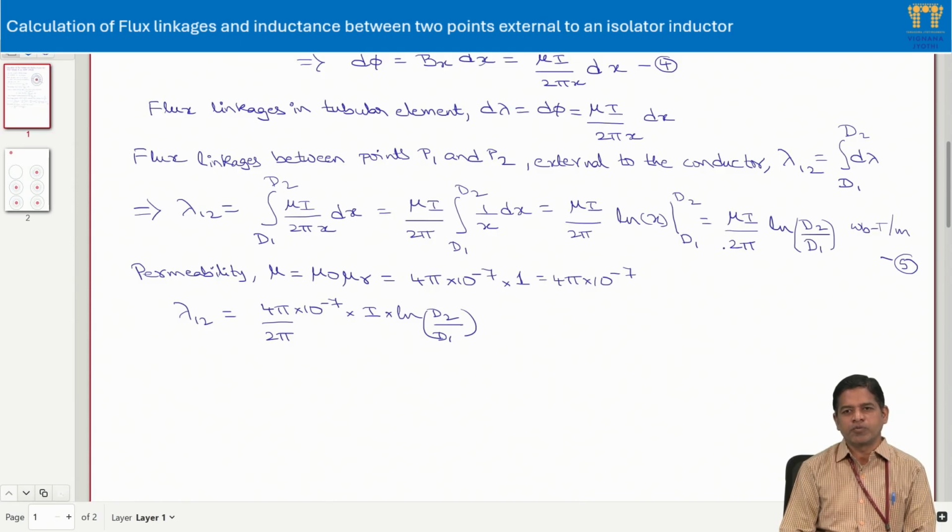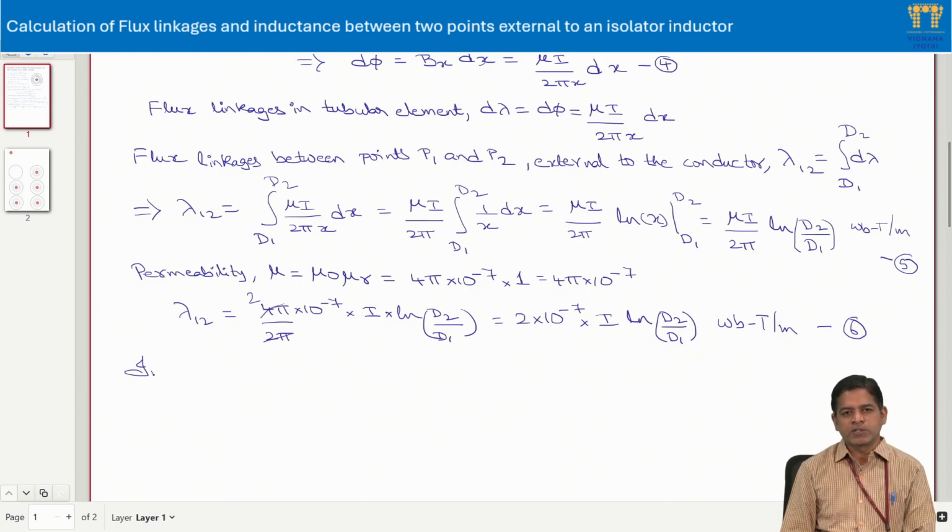In denominator I have 2 pi. So I've written the same 2 pi. I have substituted rest all terms here. So here I ultimately get this as 2 into 10 power minus 7 into I into log of d2 by d1 Weber turns per meter. Let this be equation 6.